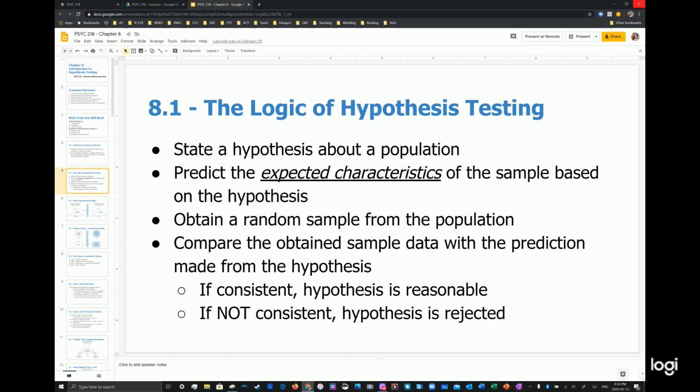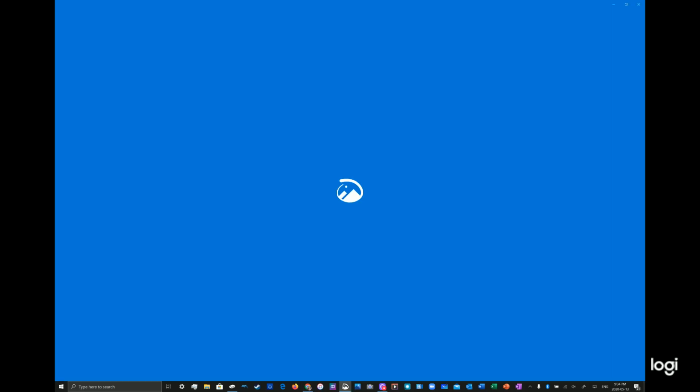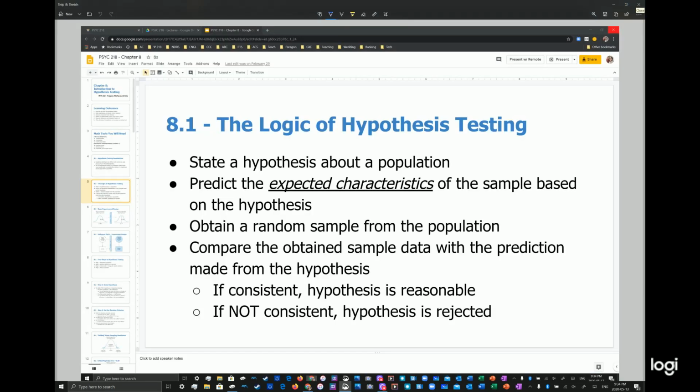So the logic of hypothesis testing goes like this. First, you're going to need to state a hypothesis. Actually, you're going to need to state a pair of hypotheses. Usually it would be in the form of a question: is the sample, usually the treatment group, which is a treated sample, different from the population?